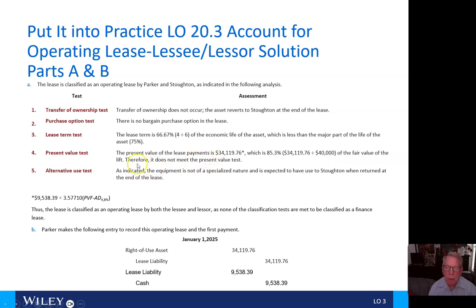Therefore, it does not meet the present value test. And the alternative use test, as indicated, it's not of a specialized nature and is expected to have use to Stroughton when returned at the end of the lease. So the lease is classified as an operating lease, as none of the classification tests are met to be classified as a finance lease.